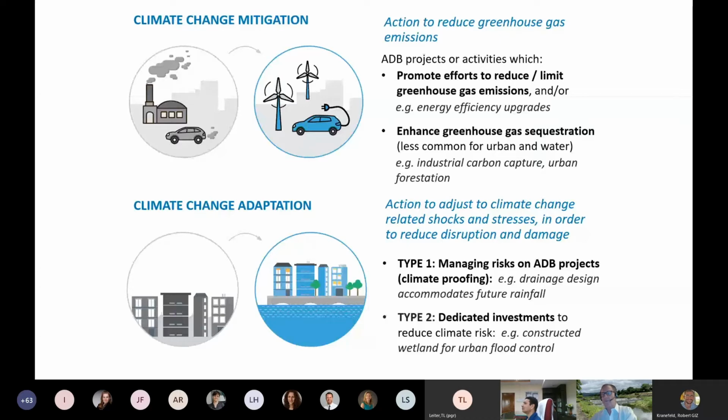And I think our previous speaker highlighted this, that there are two types of projects. One, where you're looking at managing risks in the possible impacts of climate change, so basically you're lengthening the tail ends of your distributions.